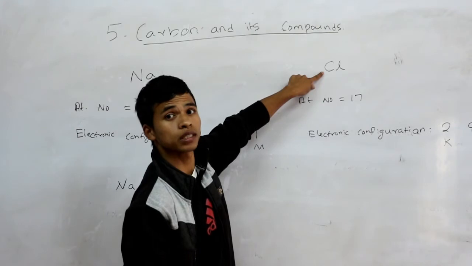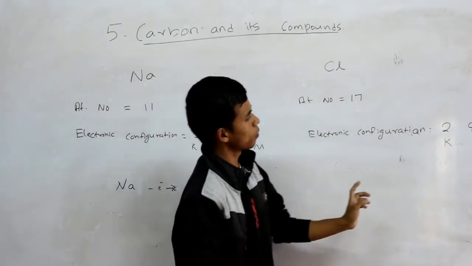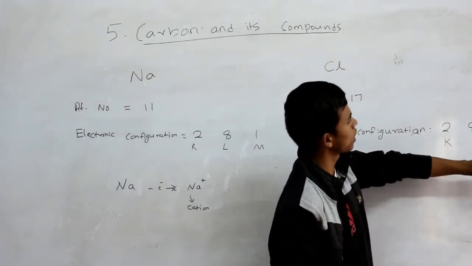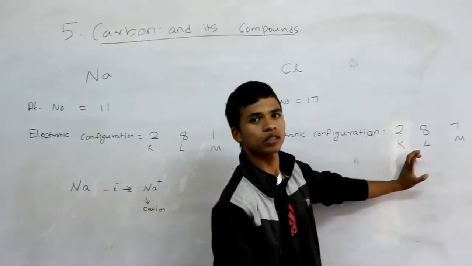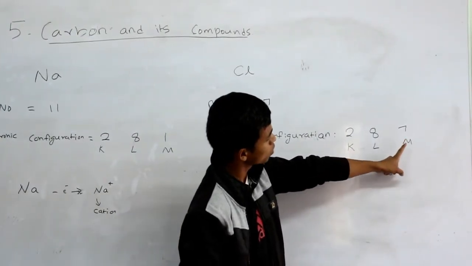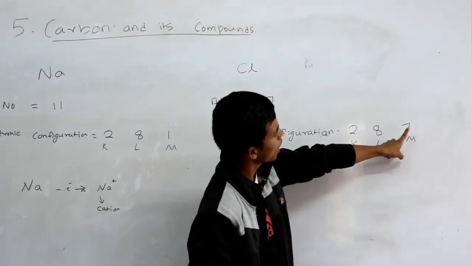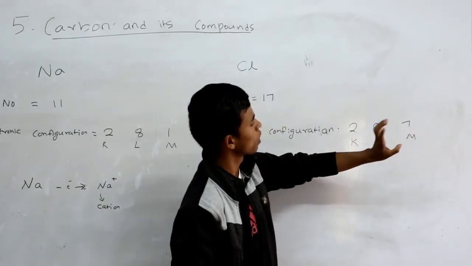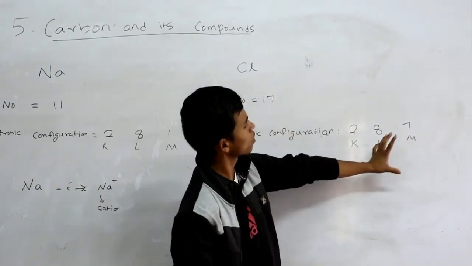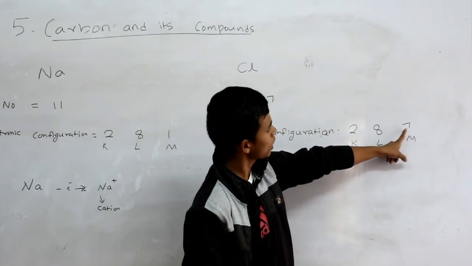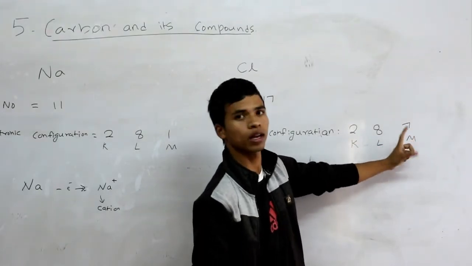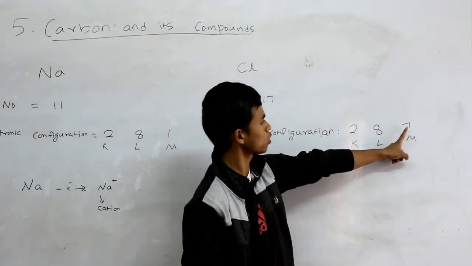It does not lose its electron easily. For it to be stable, it needs 8 electrons in the outermost shell. Here the outermost shell is the M shell, and it has 7 electrons, so it needs 1 more electron to make 8.